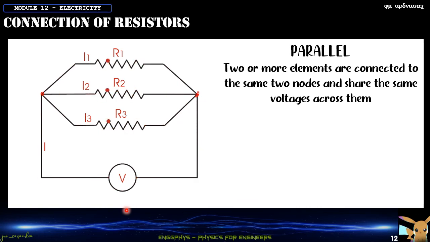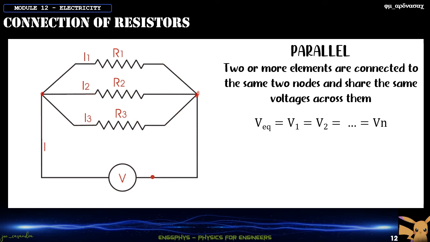If they are sharing two nodes, then it's in parallel connection. So in terms of our resistance, current, and voltage, for parallel connection, we could say that resistors connected in parallel would have voltages that have equal values.